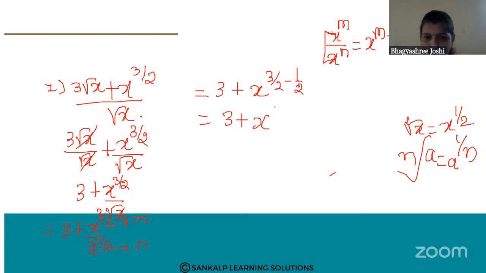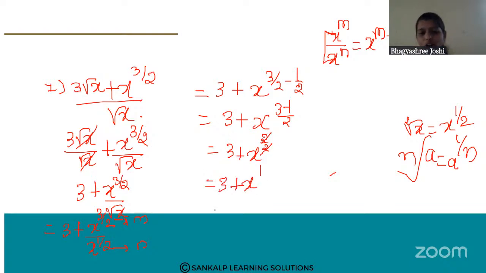Directly you can solve: 3 plus x raised to 3 minus 1 is 2 divided by 2. The 2 and 2 get cancelled. What remains? 3 plus x raised to 1, or you can say 3 plus x.